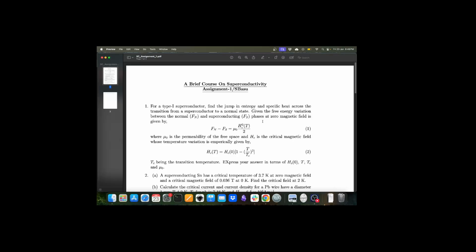Electrons are not able to form a pair and lower their energy from the normal state. When this is lost, superconductivity goes away. And this magnetic field at which this happens is Hc. So let me write explicitly.